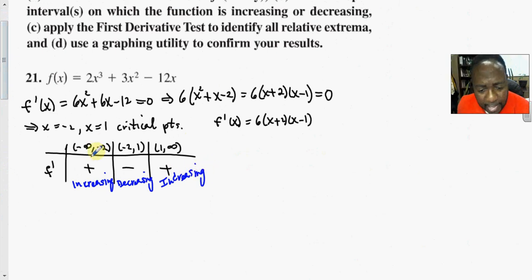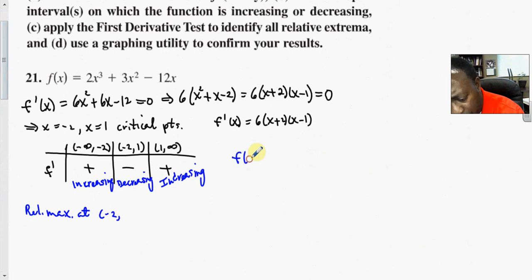Now, at negative 2, it goes up and then it goes down. So that means that we have here a relative max, a relative maximum at negative 2 comma f of negative 2.